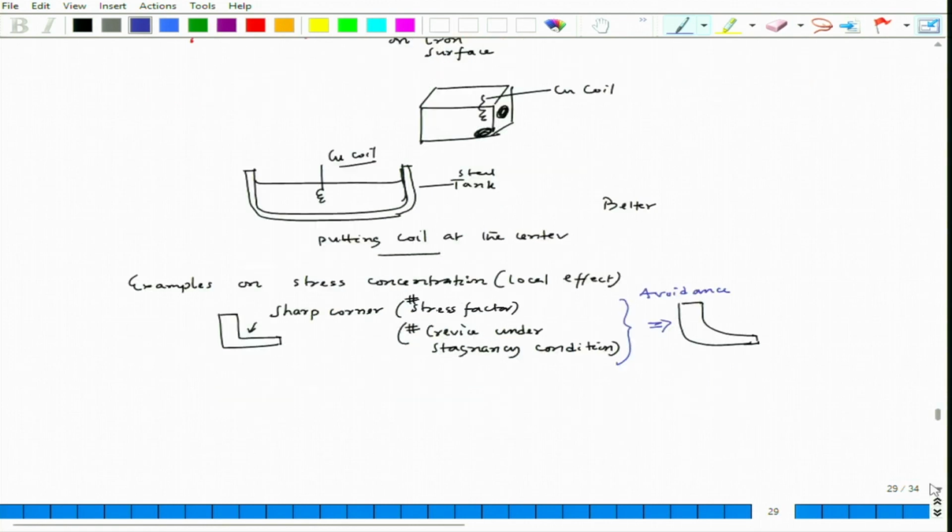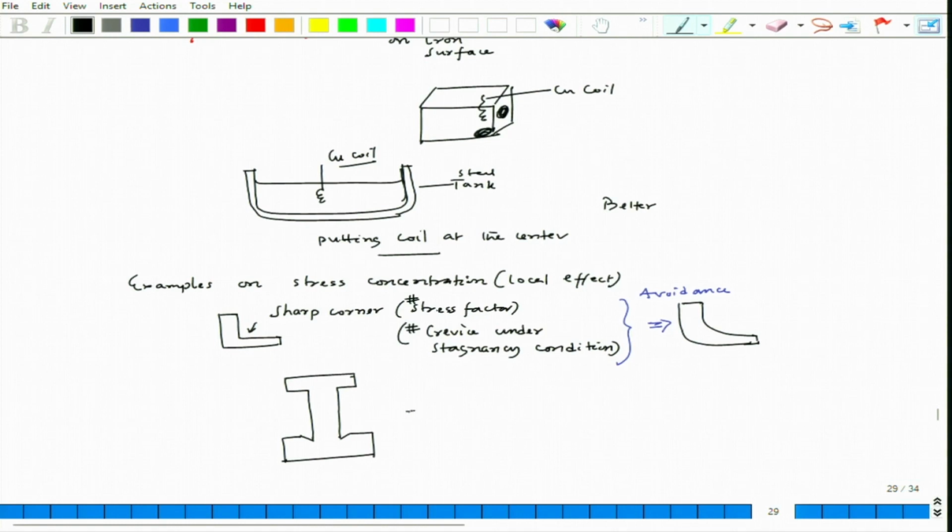Then there could be a possibility of having some design like this. A kind of design like this.